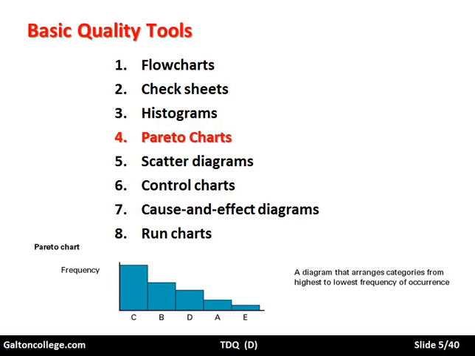So the most frequent occurrence here is a defect of type C. So whatever C is, there's a problem with that particular process. There's a defect there, and most defects are occurring with C. The next most frequent is B, then D, and then A, and then E. So what this particular Pareto chart does is it collects the most frequently occurring defect, puts it number one, then the next most frequent, and so on.